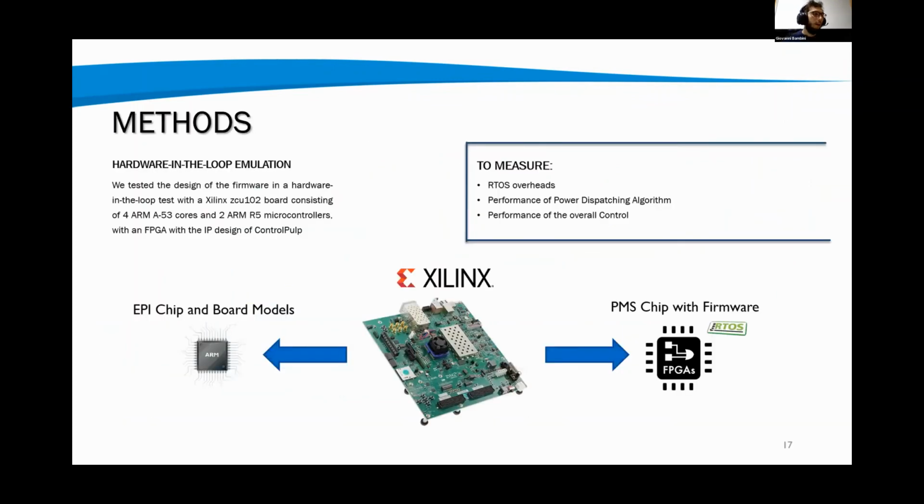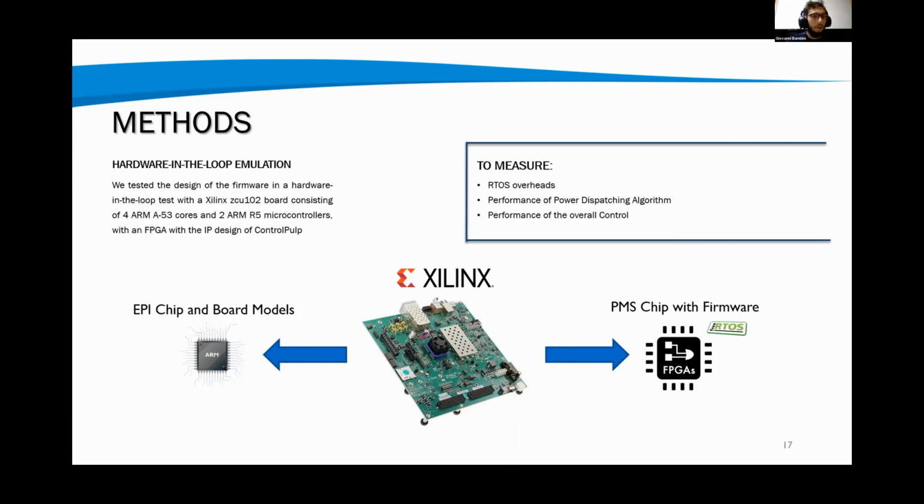Regarding the tests, we designed a hardware-in-the-loop emulation. We wanted to have a complete and good simulation of the chip and also the controller, so we could do some hardware-software co-design and co-simulation. That was really important to us.